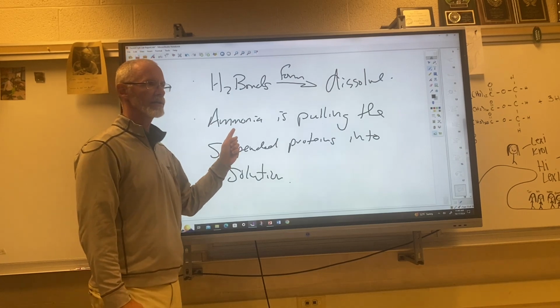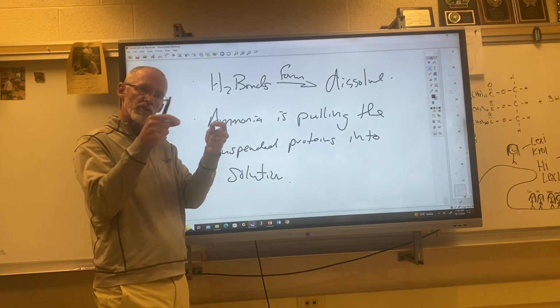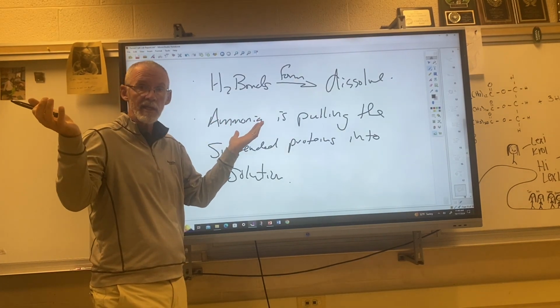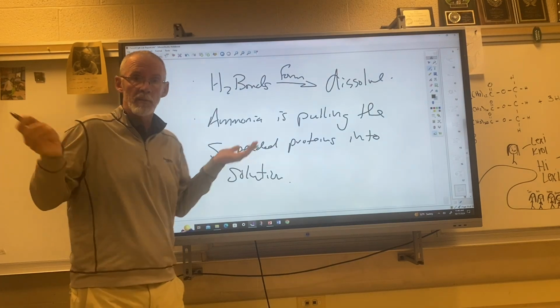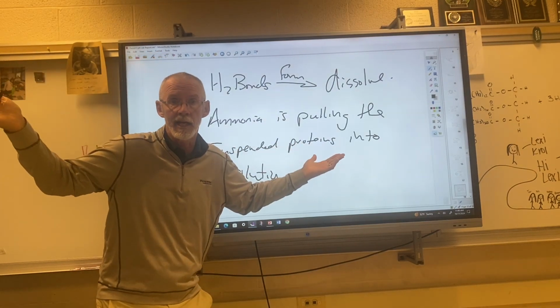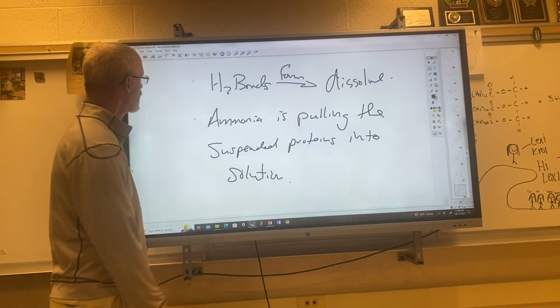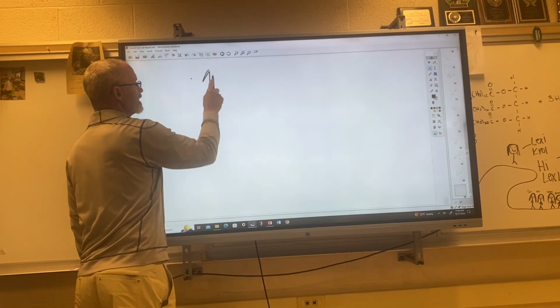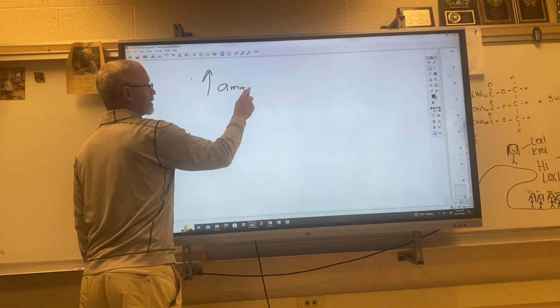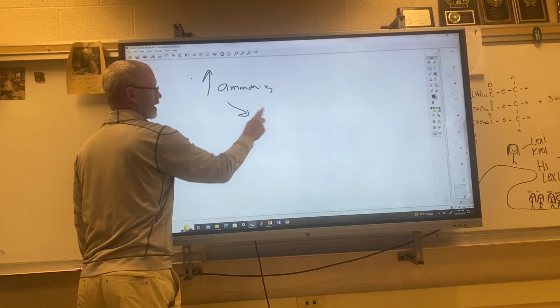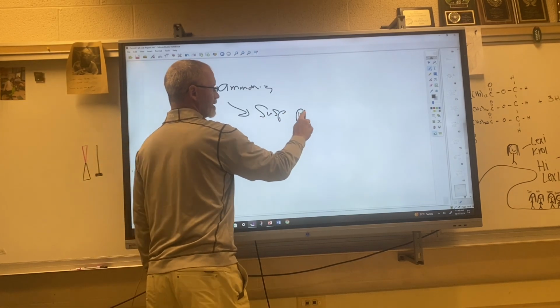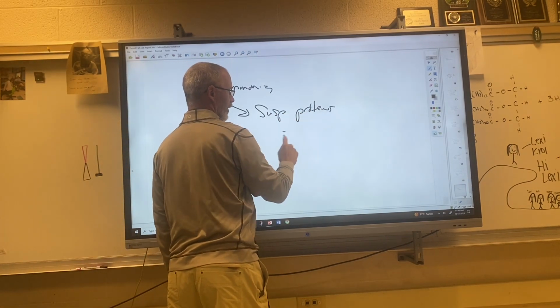So wait a second. When something dissolves in water, you can't see it anymore. When something dissolves in ammonia, you can't see it anymore. So as you increase the amount of ammonia, the suspended proteins are dissolving.